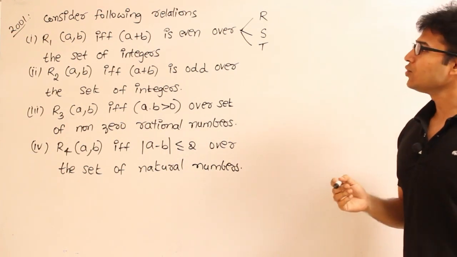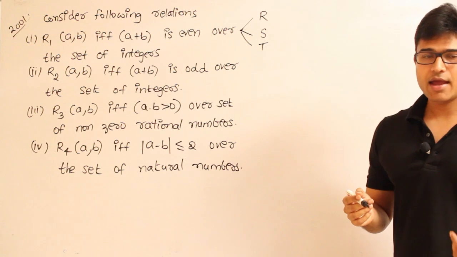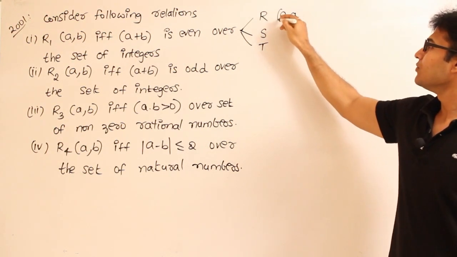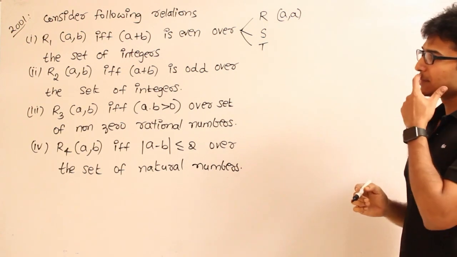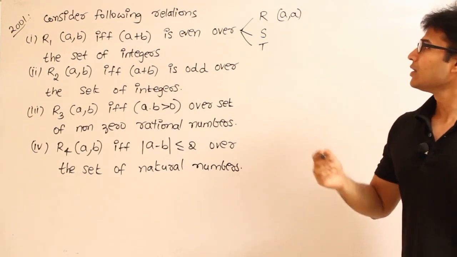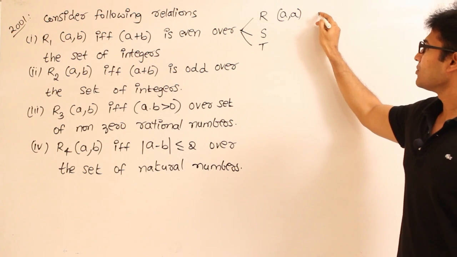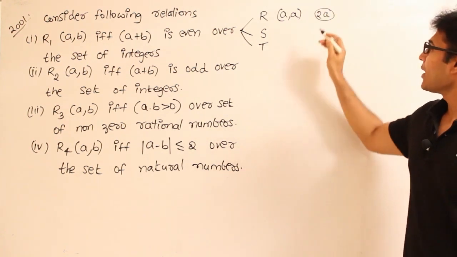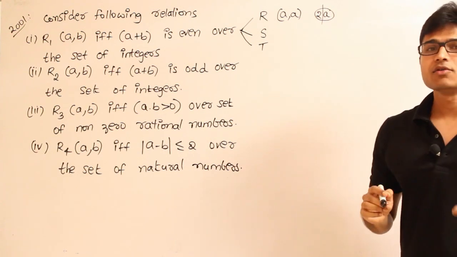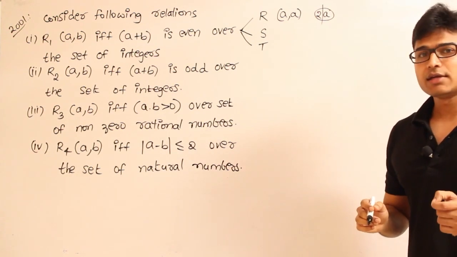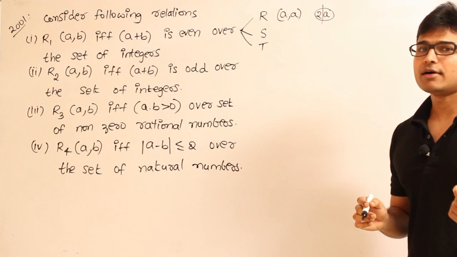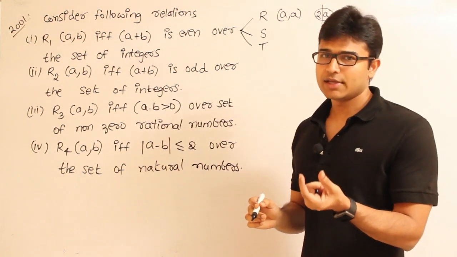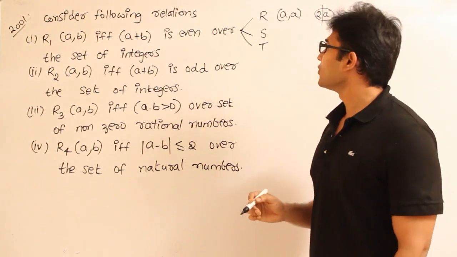If I take two integers that are the same, which means (a, a), will all such pairs belong to the relation R1? Yes, they belong, because a plus a is 2a, and of course it is even. Therefore it contains all the diagonal pairs, because the sum of every diagonal pair is an even number. Therefore it is reflexive.